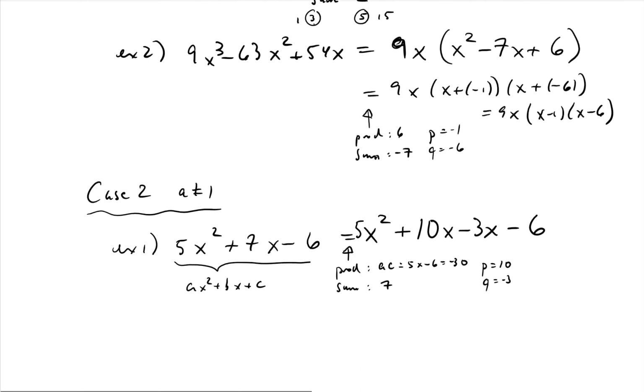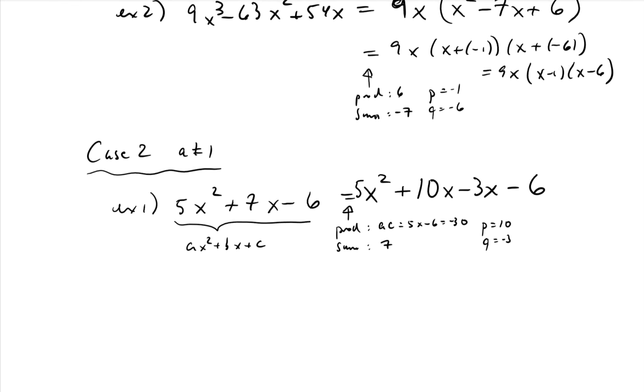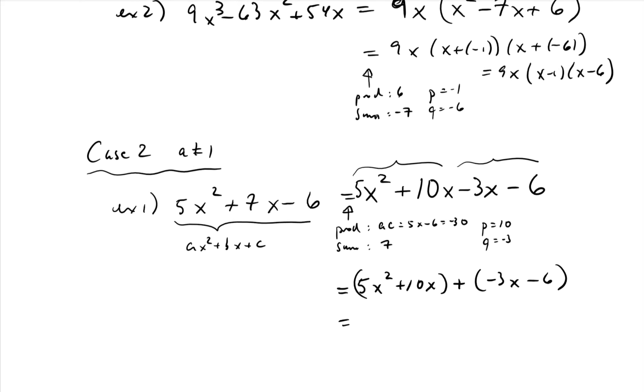Like this. And then I do what's called factor by grouping. I have 4 terms now. I'm going to group the terms pairwise. So I'm going to think of it as 5x squared plus 10x, plus another sum of terms like this, and I'm going to factor each of them.